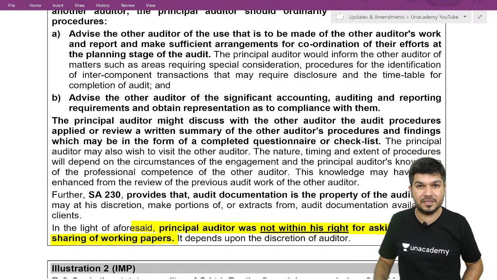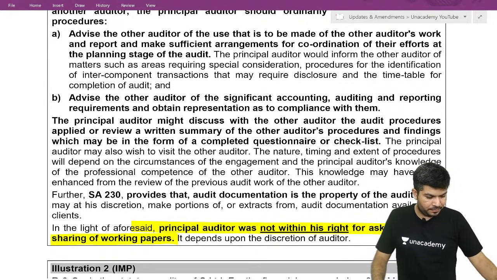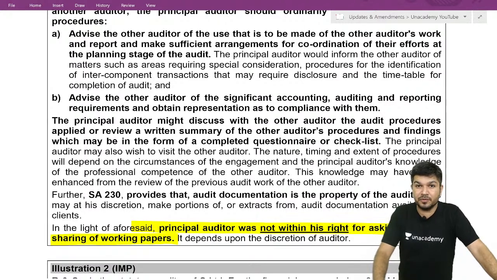Did you understand this? I can tell him to fill the checklist. That is fine. He can fill the checklist. But I cannot tell him to share the copies of his working papers. They are his property. He may give at his own willingness.